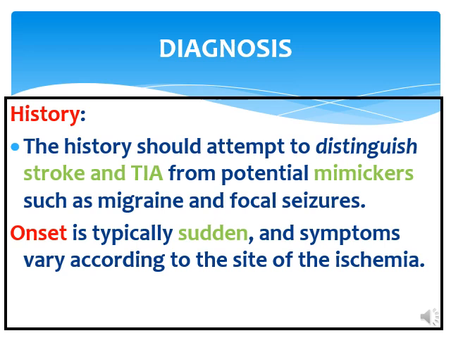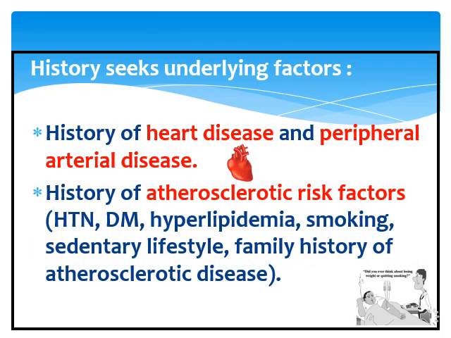Also, you have to know the onset of the neurological deficit, which in case of stroke is typically sudden or rapid, and symptoms vary according to the site of the lesion. Also, you have to comment on the underlying factors for this stroke, ischemic insult or hemorrhagic insult.